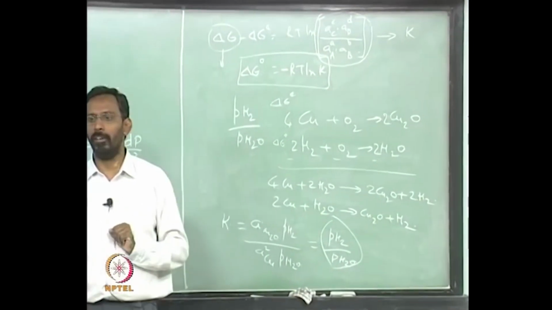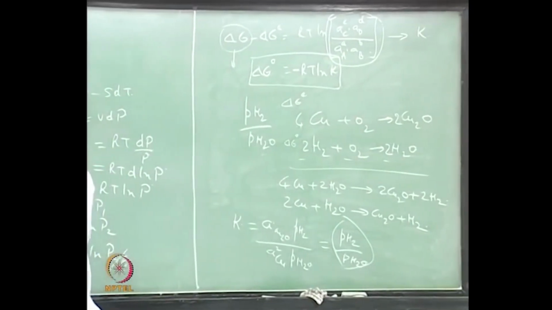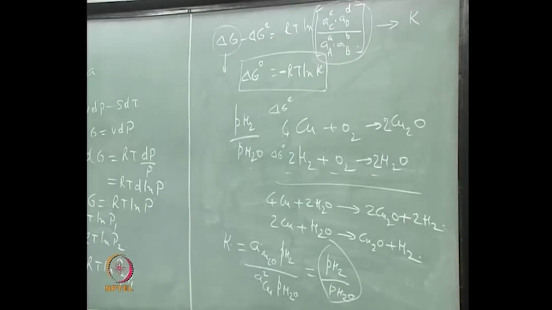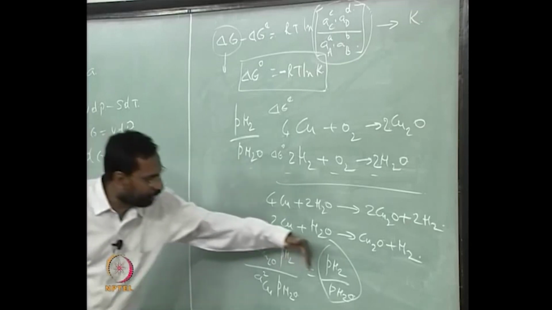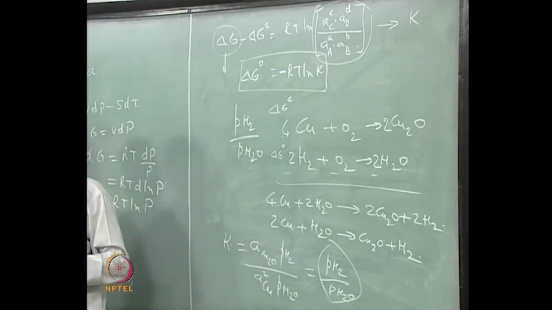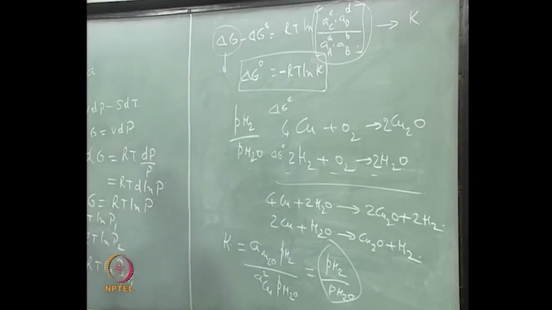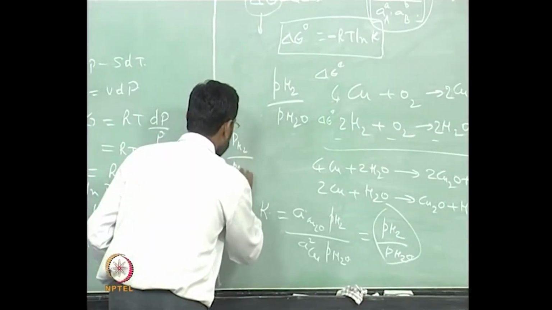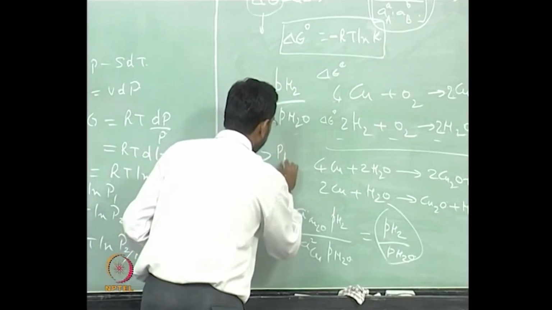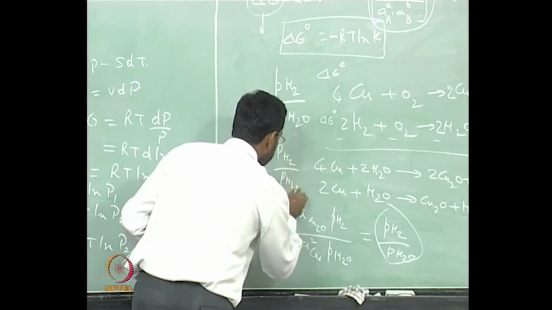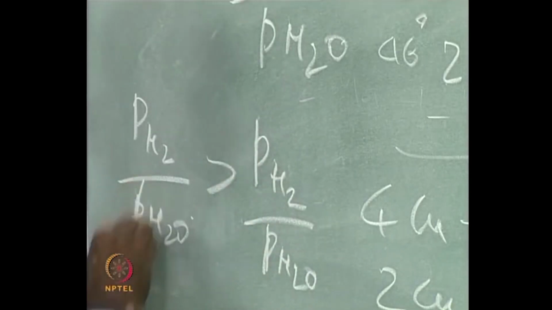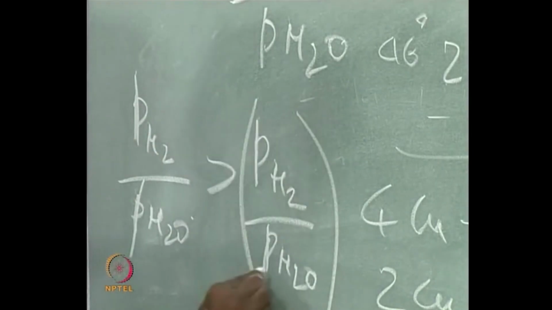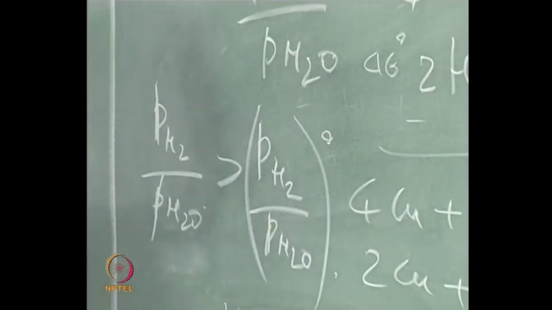So, I will know the equilibrium value, and once I know the actual value of pH2 by pH2O in the furnace, if that actual value of pH2 by pH2O is greater than this value, what does it mean? I have an excess of hydrogen in the furnace. When I say the actual pH2 by pH2O is greater than the equilibrium pH2 by pH2O, remember always use partial pressure as small p of the standard state.